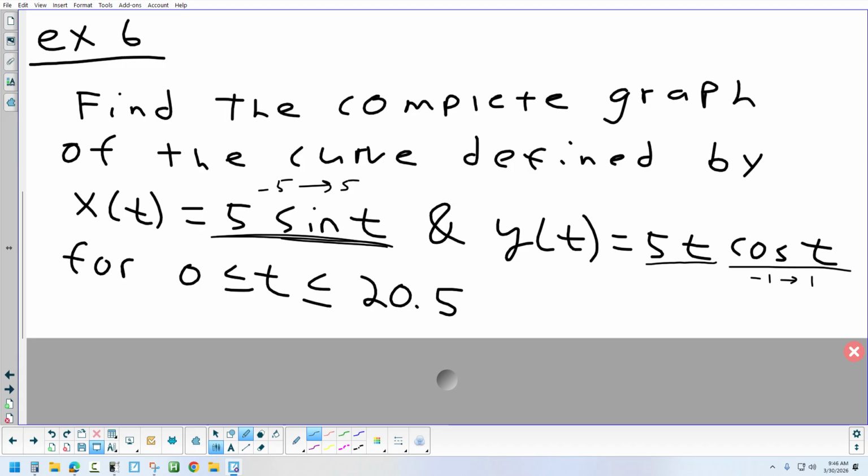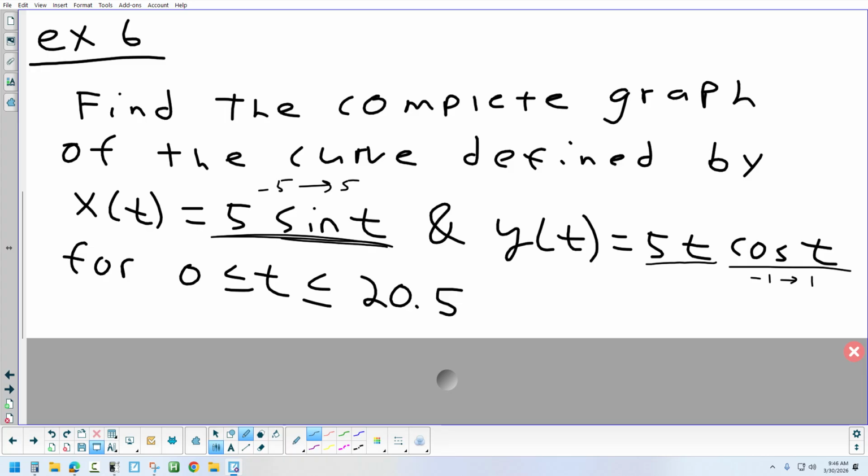Or what's the smallest value? What's the biggest? No, t can't get infinitely large because there's a limit on t. T stops at a certain point. Yep. The smallest might be -5, or the largest would be 5.